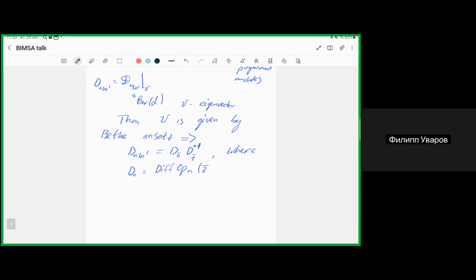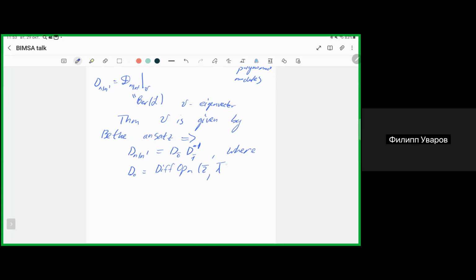It has singular points at z, and at infinity a regular singular point, and my exponents at these singular points are given by the sequence of partitions.